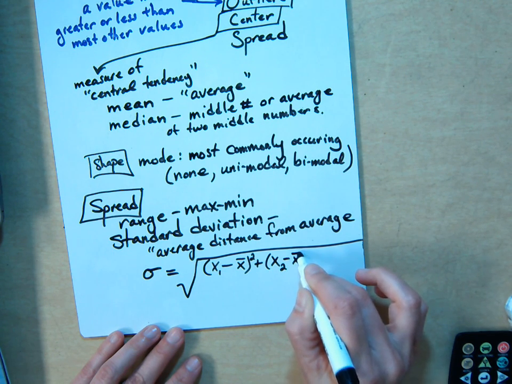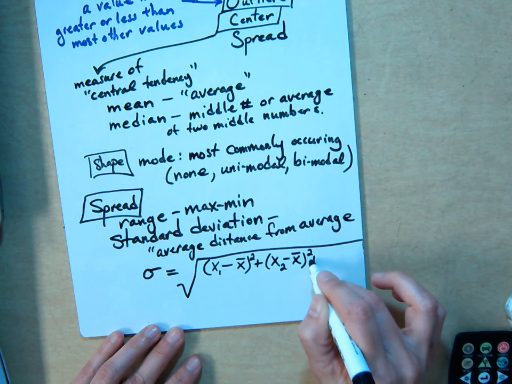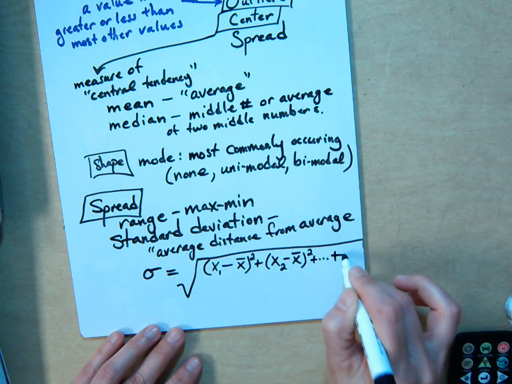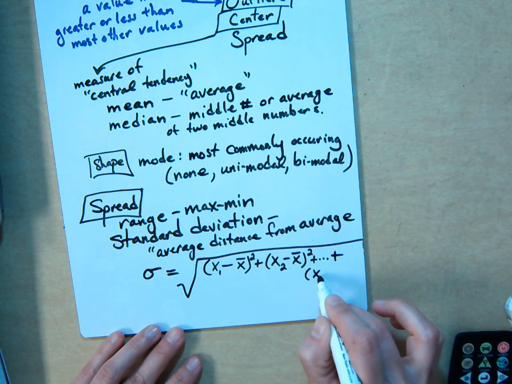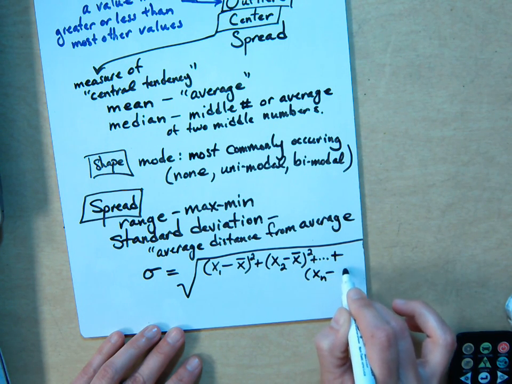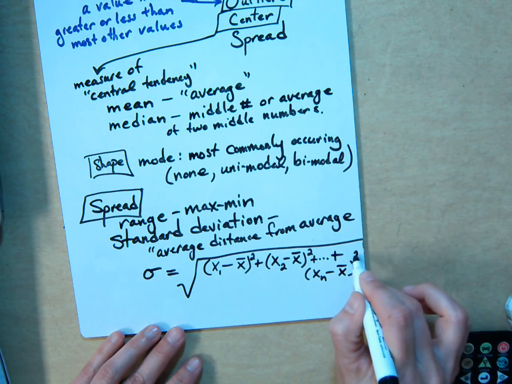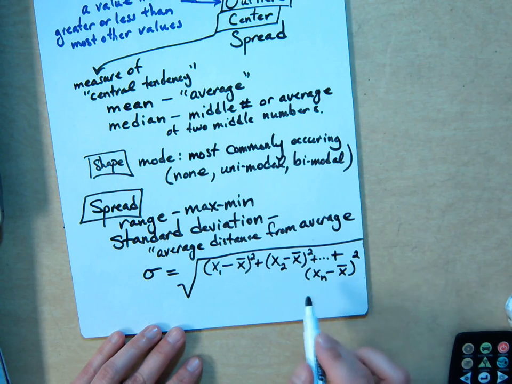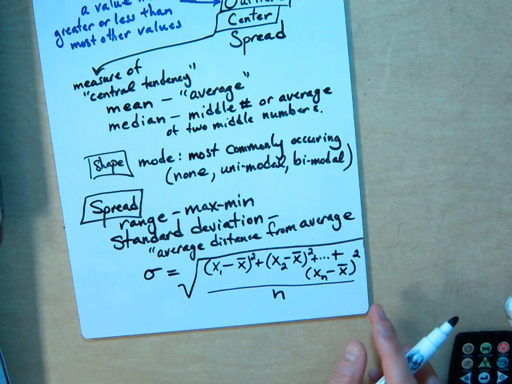So you want the distance away from the average, squared, plus dot dot dot, however many values you have, and x sub n minus x bar, squared. So you take every value, subtract it from the average, square it, add them all up, and divide by n, the total number of values. And it's the average distance from the average.